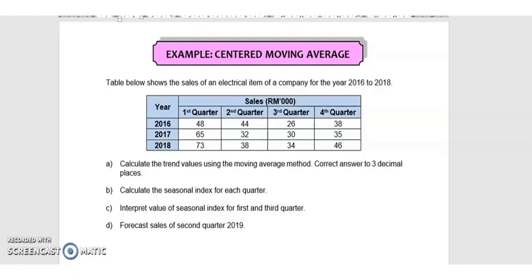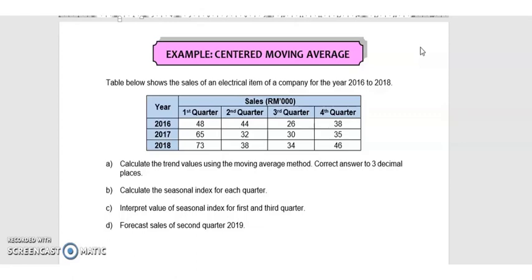So it's an even number, then we use centered moving average. In contrast, if we have an odd term, for example, first quarter, second quarter, and third quarter only, then we will use simple moving average.